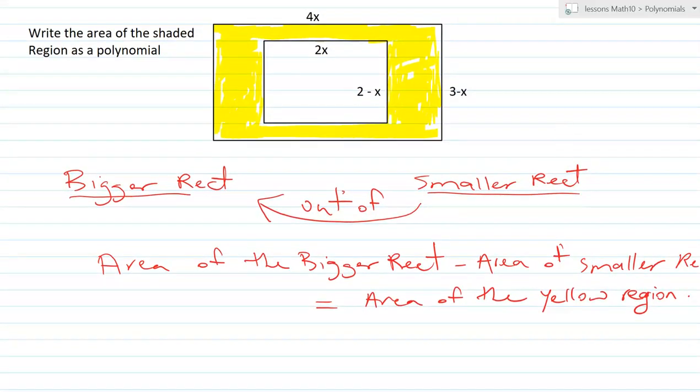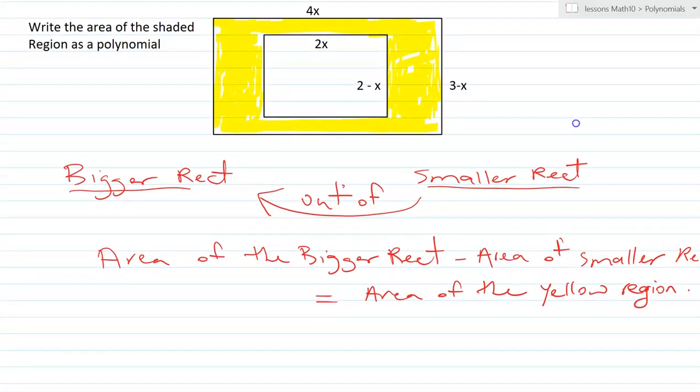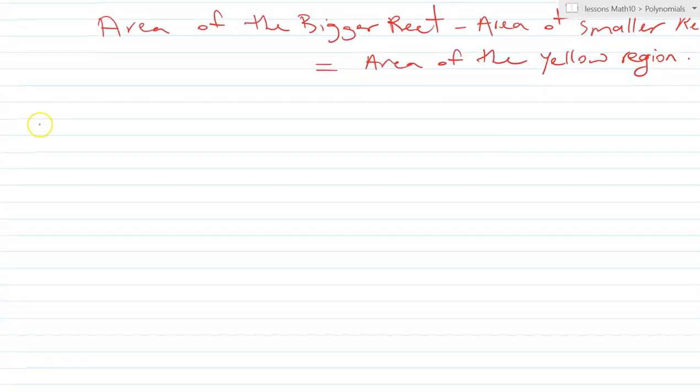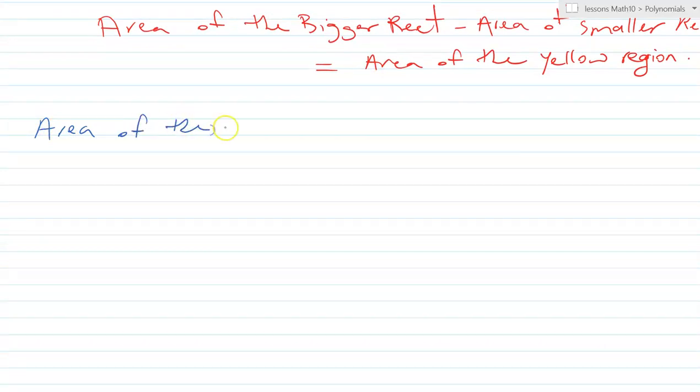So what is the area of the big rectangle? Make a note. We have 4x and 3 minus x as the sides. So let's start by writing the area of the big rectangle.